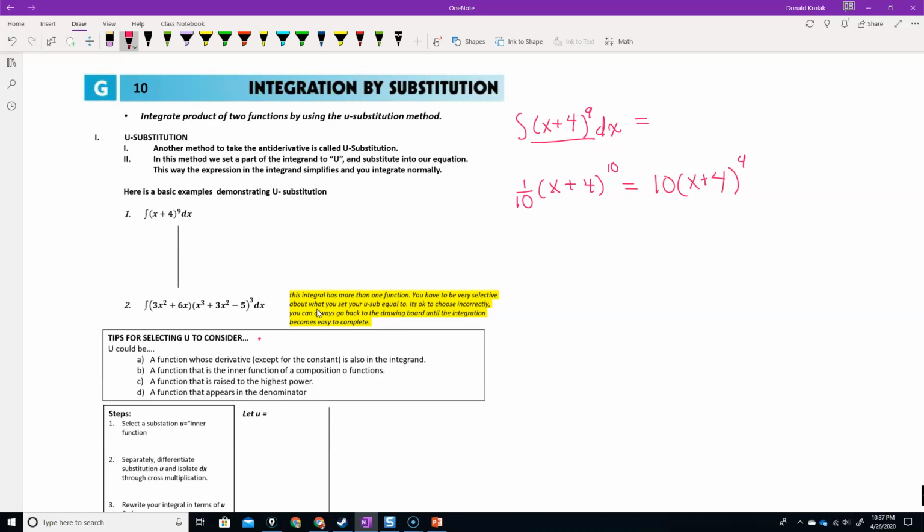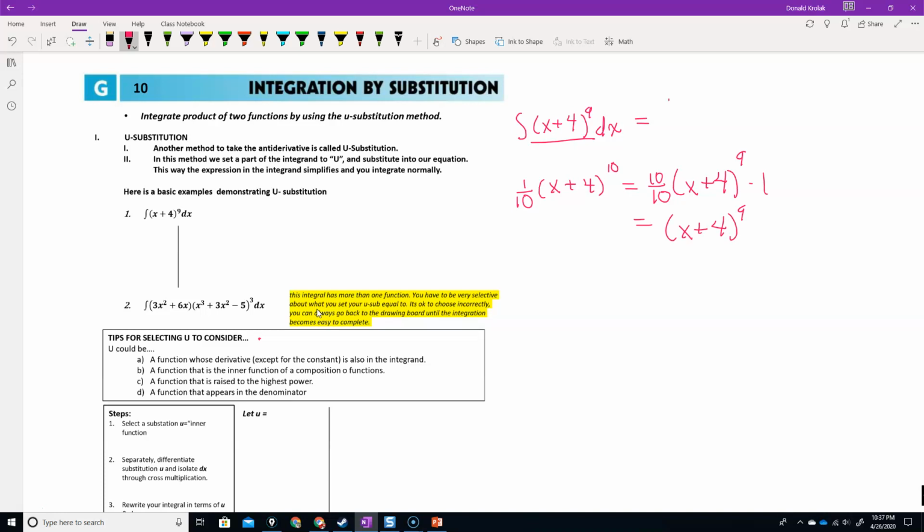Now when we use the chain rule and derive that, 10 goes out front, so I get 10 over 10 times (x plus 4) to the ninth times the derivative of x plus 4, which is just 1, and that cancels, and we get (x plus 4) to the ninth.